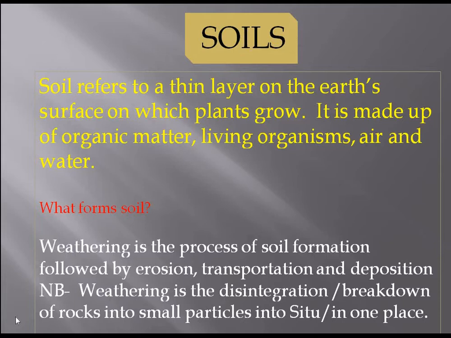Then as it is washed away, what transports it? Agents. We have wind, we have water, and we have animals. Then deposition is where it is deposited. In previous lessons, we have already looked at weathering in different processes: chemical, biological, physical, and many other processes. So we shall not move into that right away. Let's just continue with this.